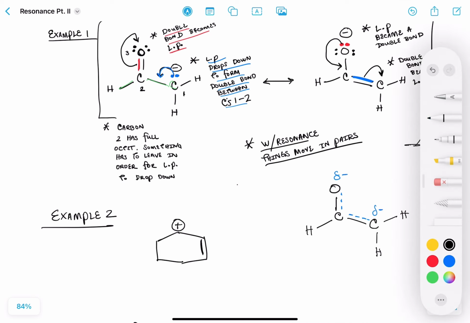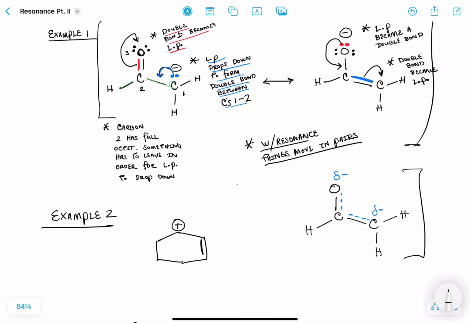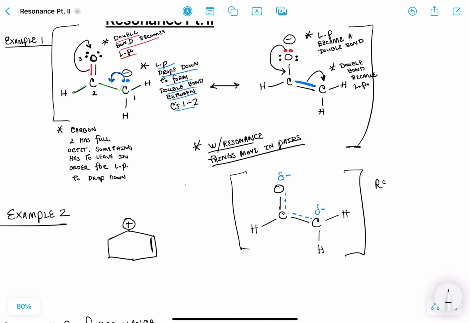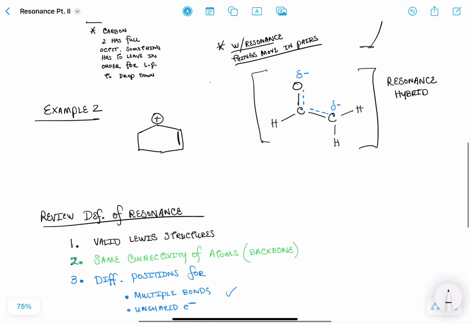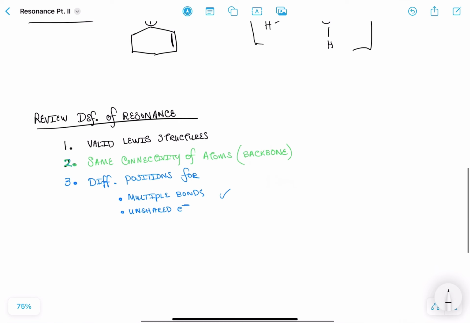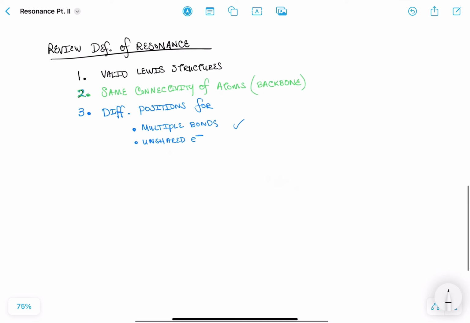And so this will be our resonance hybrid, to indicate that both of these structures are occurring at the exact same time. Again, it's not an equilibrium between the two. Both are existing at the exact same time. So I'm going to go ahead and work example 2 lower so I can get more space.